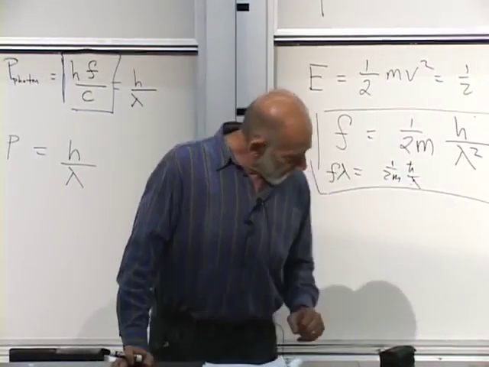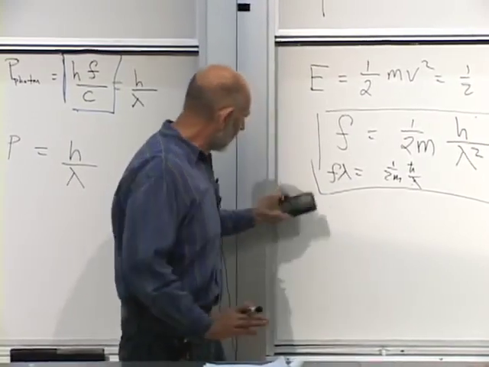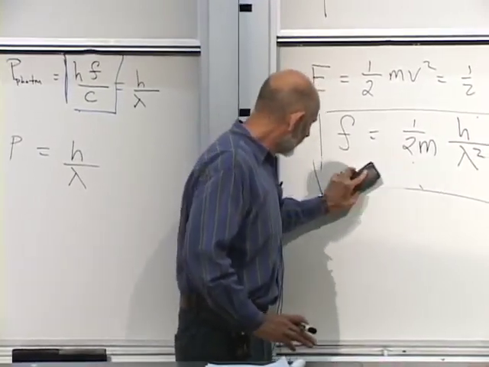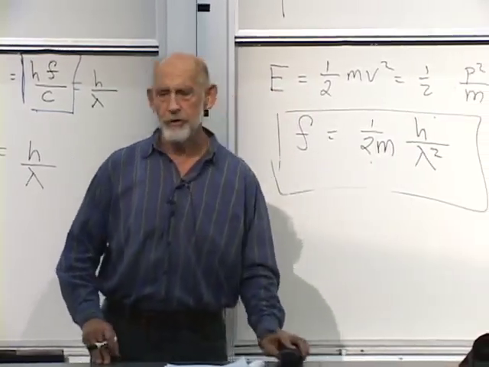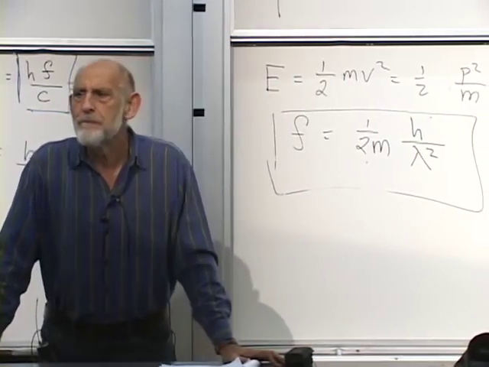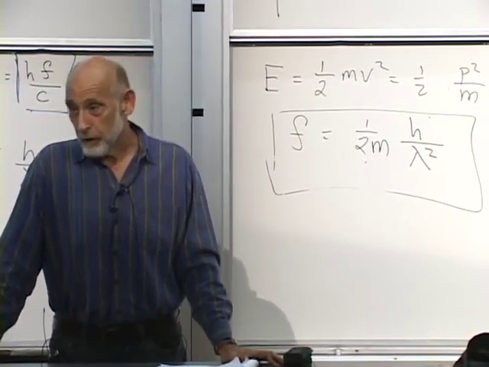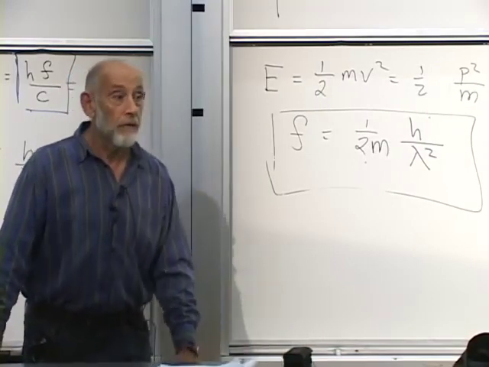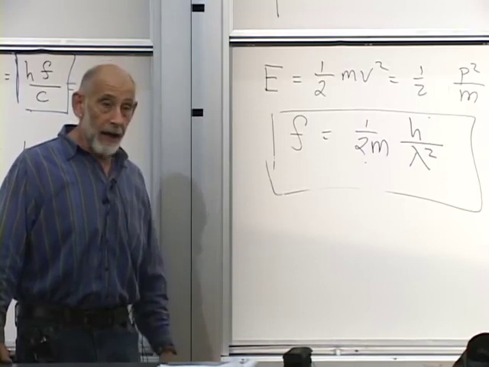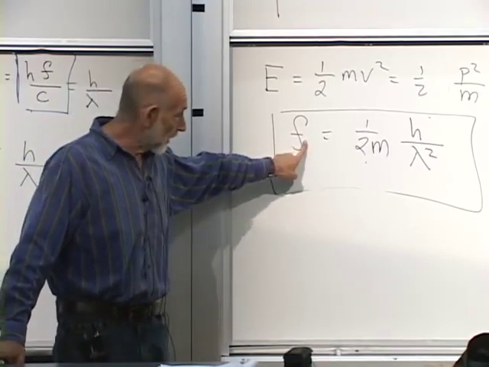All right, but I just wanted to illustrate some of the equations here. And incidentally, this equation over here is equivalent to another equation of physics. Anybody know what it is? The Schrodinger equation. The Schrodinger equation is an equation for a wave, and this tells you the time dependence of the wave, the frequency.